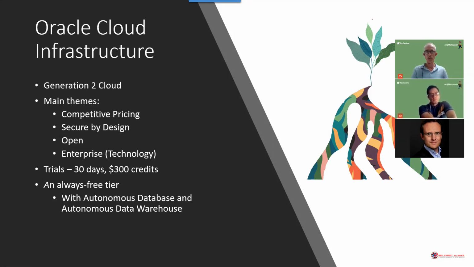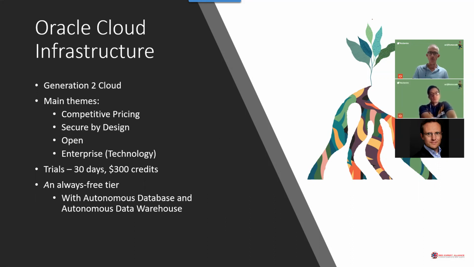Openness in the technology that's used, in the ways that that technology can be used, and even openness in the way how different cloud services from different providers can be combined. For example, the collaboration between Oracle and Azure. Of course, Oracle focuses on enterprise technology and enterprises in general. So everything Oracle is offering is suitable for use in the enterprise, and sometimes is targeted specifically at the enterprise.